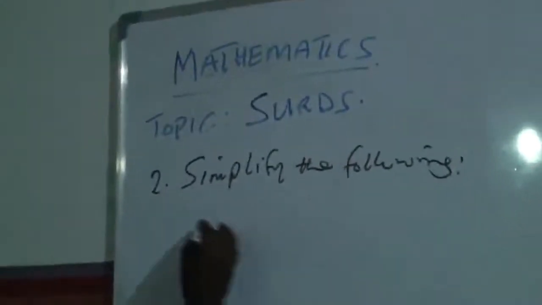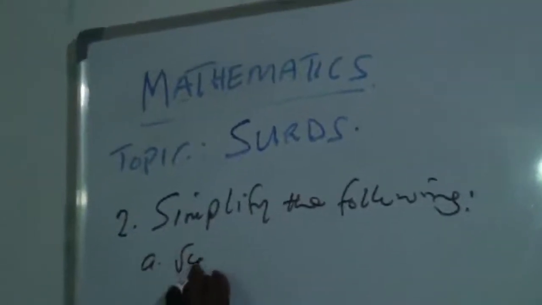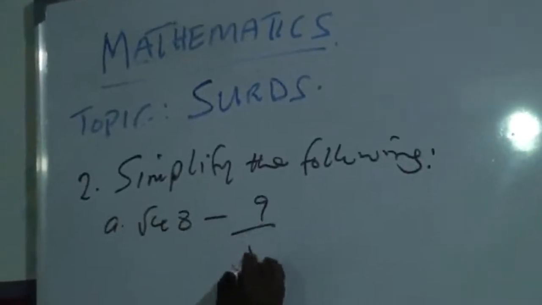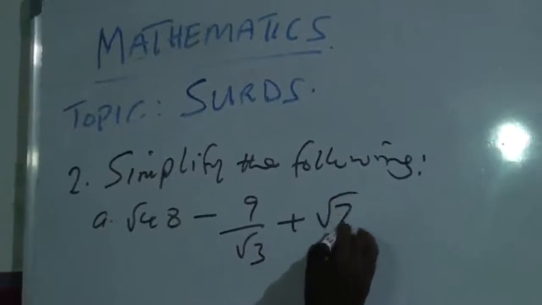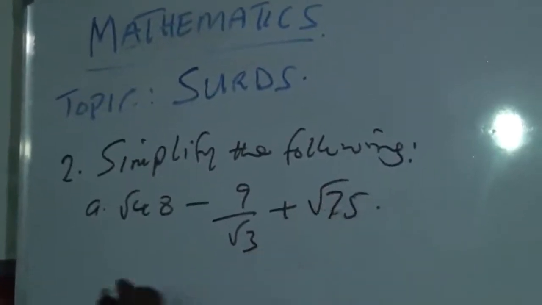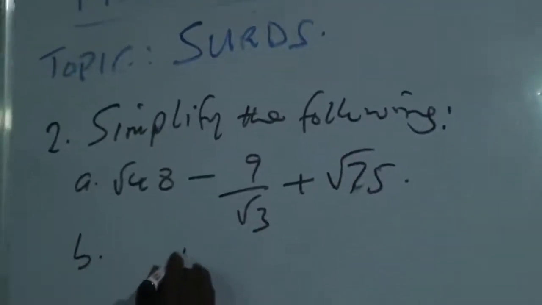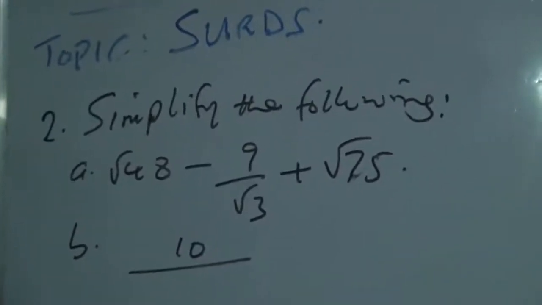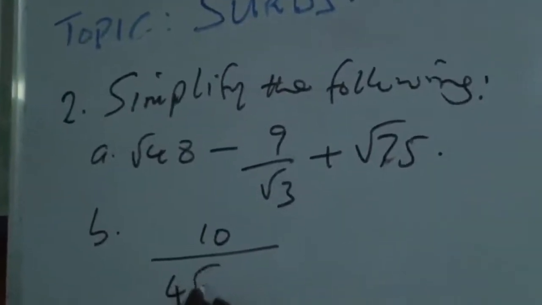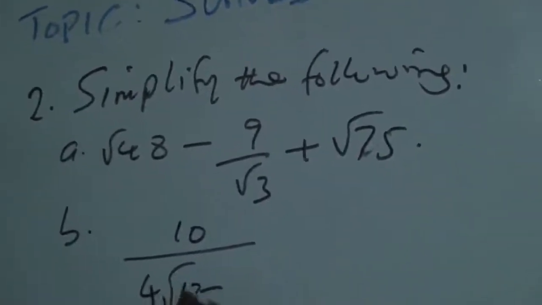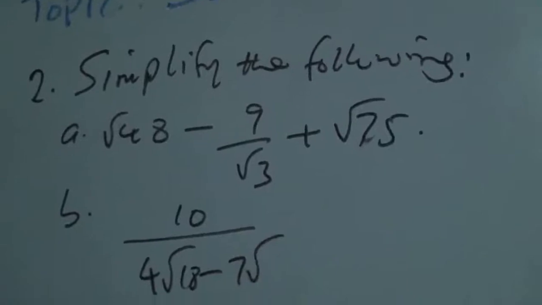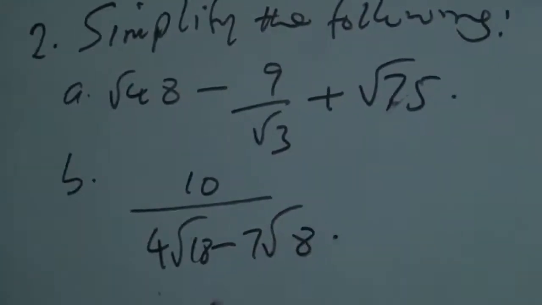Let me just give you 2 here. 8 root 48 minus 9 all over root 3 plus root 75. The B part is 10 all over 4 root 8 minus root 18, minus 7 root 8. Okay?